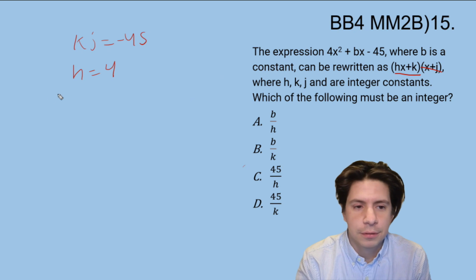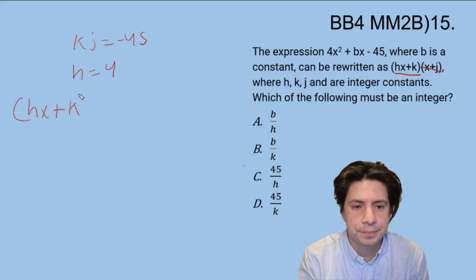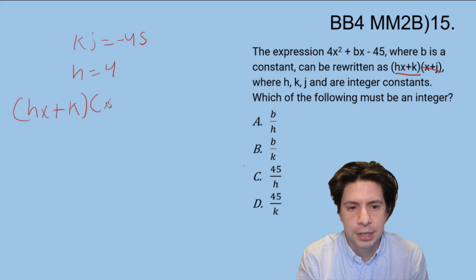So if we FOIL, let's just FOIL it out, right? We're going to get hx plus k, let's write that here, and then x plus j.